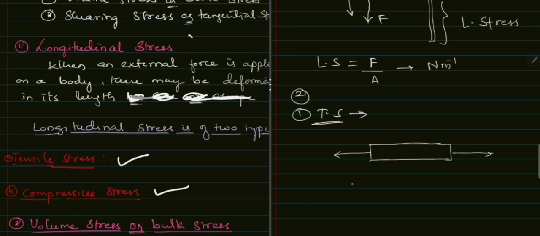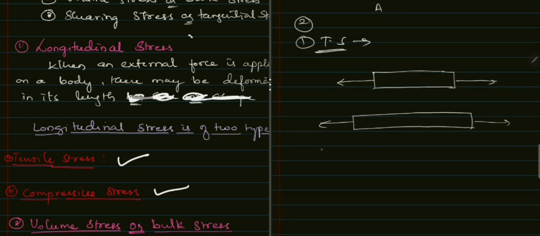If the force applied to the body increases its length, then that force is called a tensile stress. If the body decreases its length after applying an external force to the body, that force is called compressive stress.